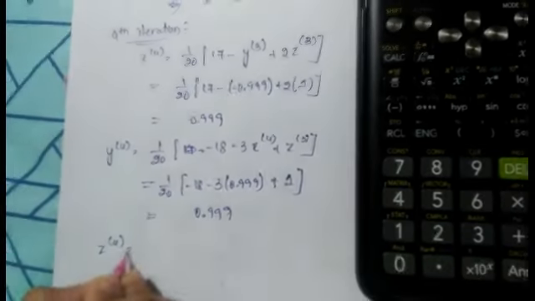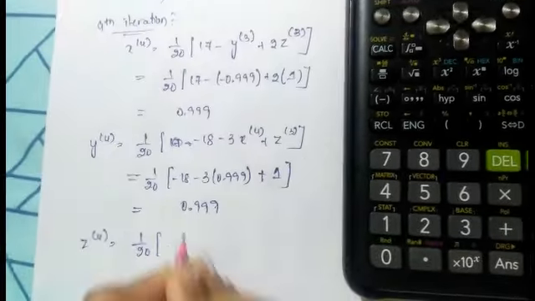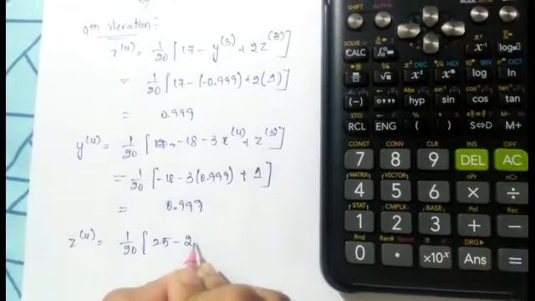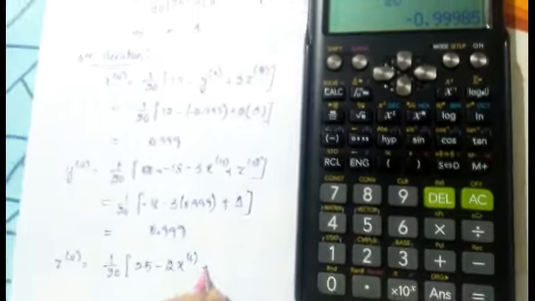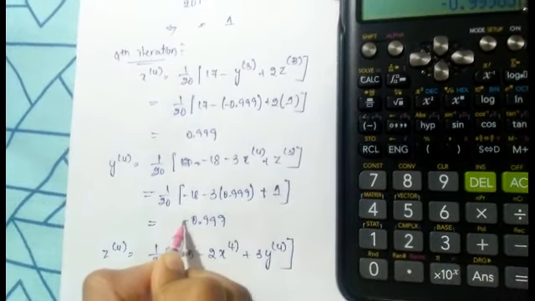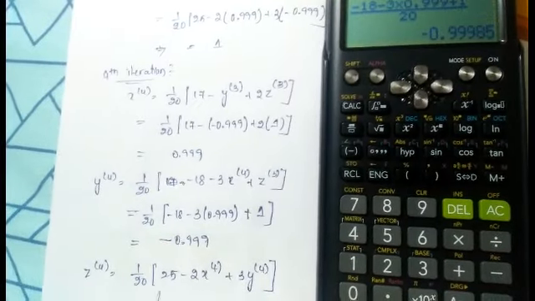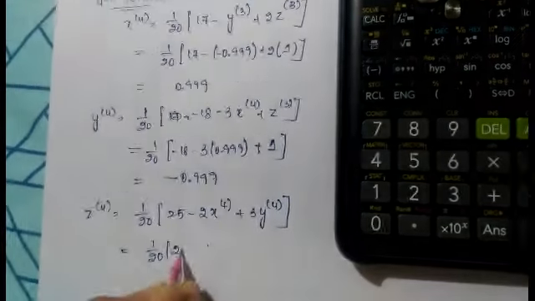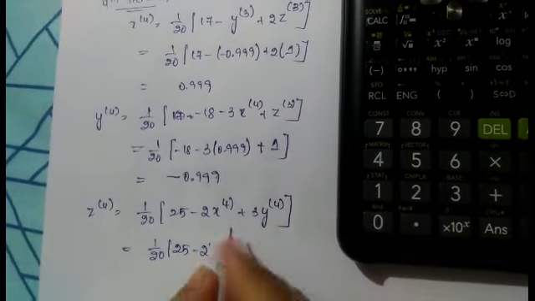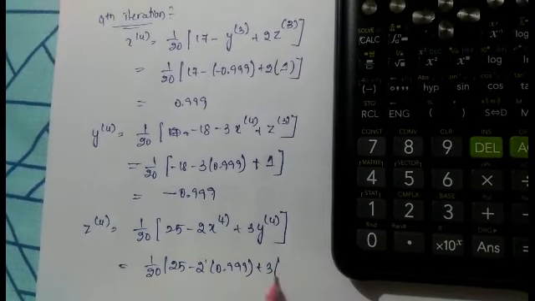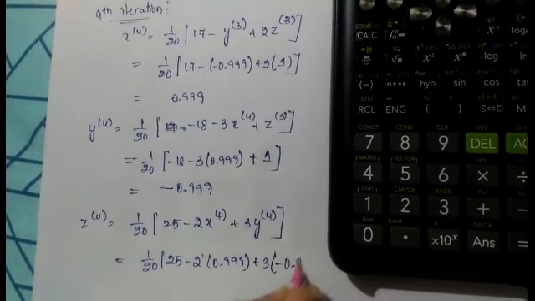Then z of 4 equals 1 by 20 of 25 minus 2 into x of 4 plus 3 into y of 4. Here you get y of 4 as minus 0.999. Then here 1 by 20 of 25 minus 2 into x of 4 is 0.999, plus 3 into y of 4 is minus 0.999.